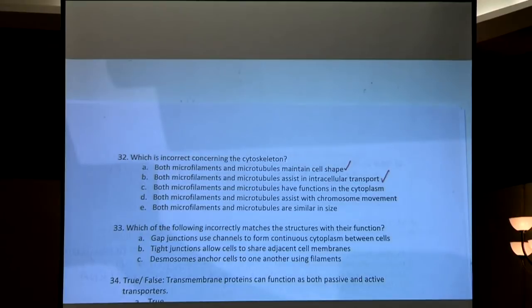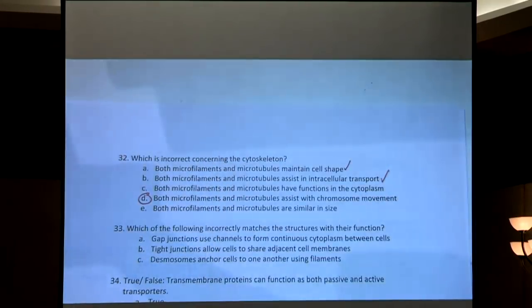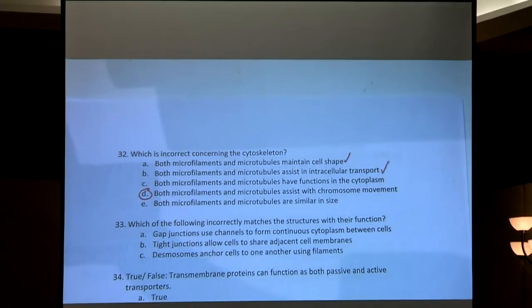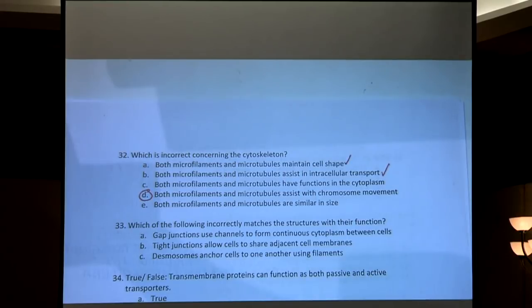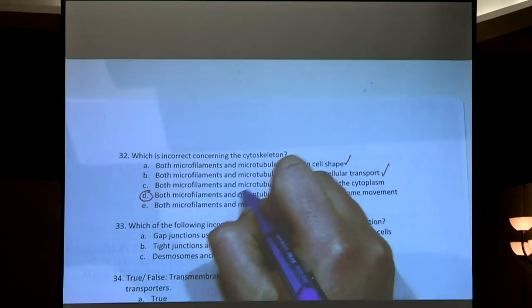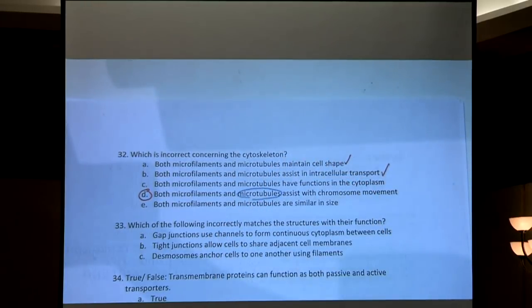Both microfilaments and microtubules assist with chromosome movement. What do we think? So that one is not true. In this case, only one of them is going to assist in chromosome movement. Which one do we think? All right, so microtubules will help us with our chromosome movement. All right. And then, are both microfilaments and microtubules similar in size?